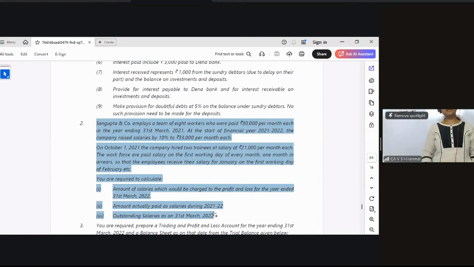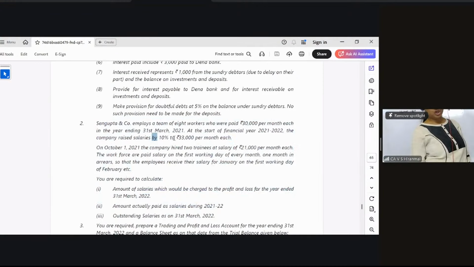Previous year the salary was 30,000, but in the current year, the company raised the salary by 10% to 33,000 per month each. Then on 1st of October 2021, the company hired 2 trainees at a salary of 21,000 per month each. The workforce are paid salary on the first working day of every month, 1 month in arrears, so that employees receive their salary for January on the first working day of February.